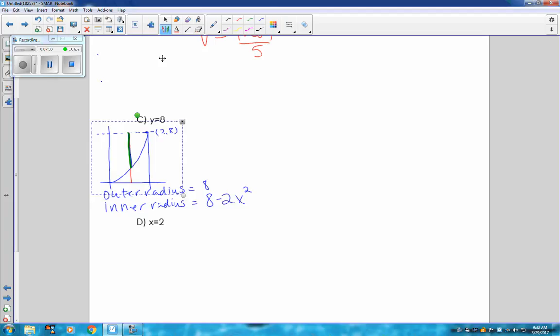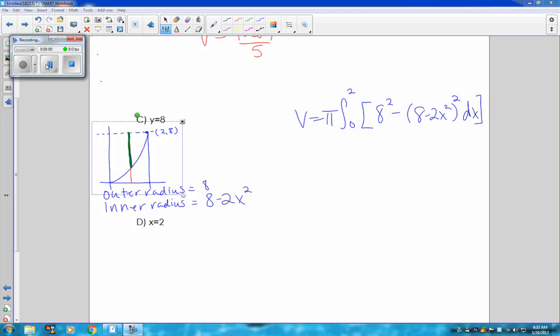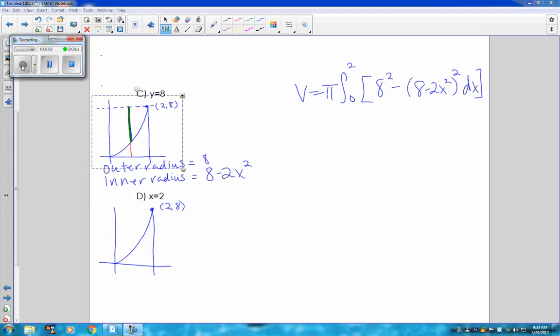All right, so setting it up, volume is, what are your upper and lower bounds? 0 to 2, and it's your outer radius squared minus your inner radius squared. All right, that's what you need to integrate. Remember when you square 8 minus 2x squared, that's 8 minus 2x squared times 8 minus 2x squared.